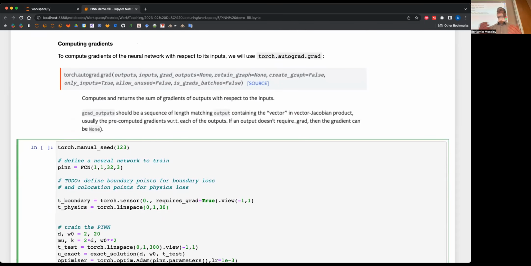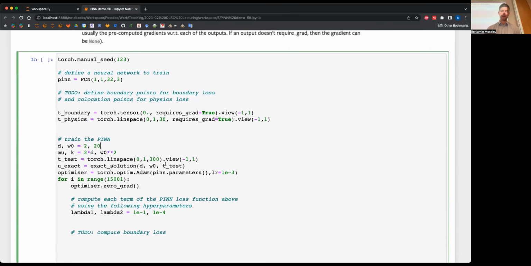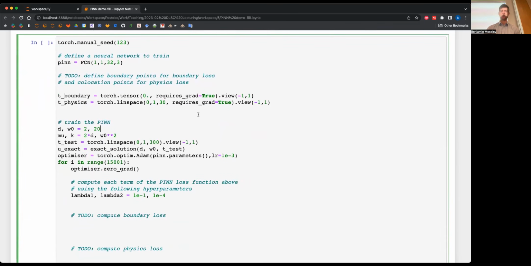For now, it's regularly sampled, but they can also be randomly sampled. It depends; this is a hyperparameter choice that you need to make. Again, we set requires grad, and then we make sure that the shape is nice as well. Okay, cool. That should be fine for this part.